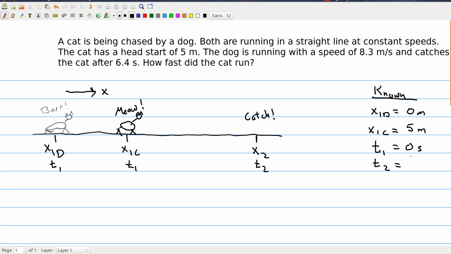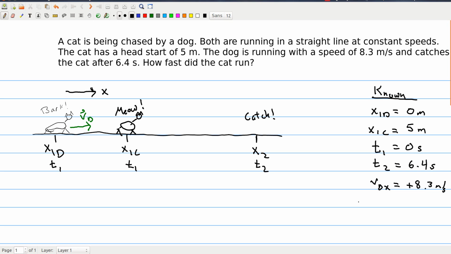We're told that the dog catches up with the cat after 6.4 seconds, and that the dog is running with a speed of 8.3 meters per second. So if I go ahead and draw that, here's the dog running that way with some velocity, and I know that the x piece of this has a size of 8.3 meters per second and is in the positive direction, right?